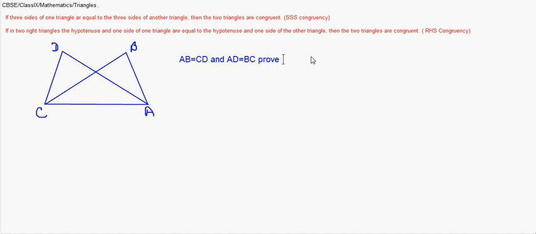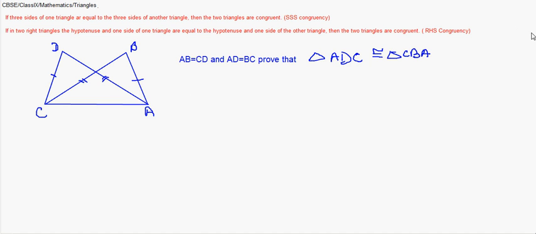We have to prove that triangle ADC is congruent to triangle CBA. AB, this one is equal to this, and it says AB is equal to CD.